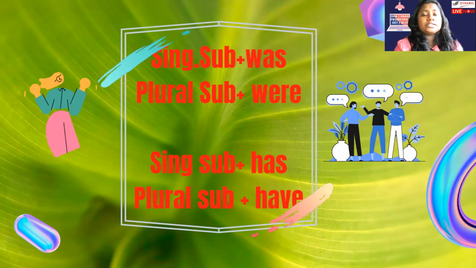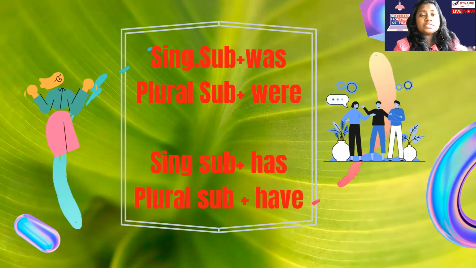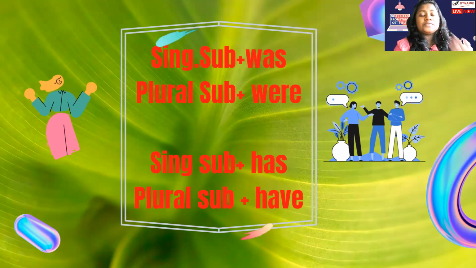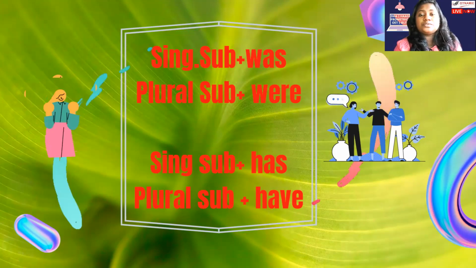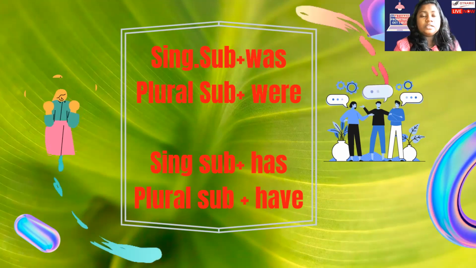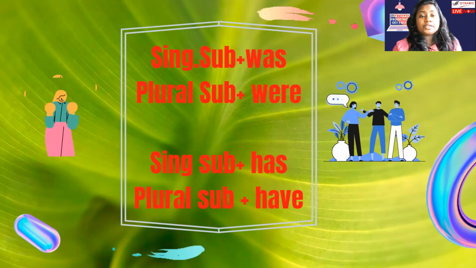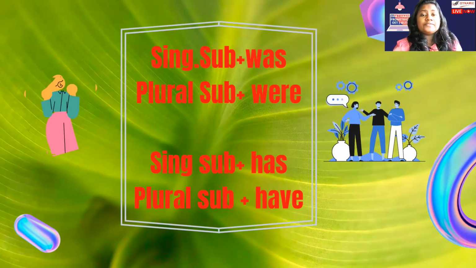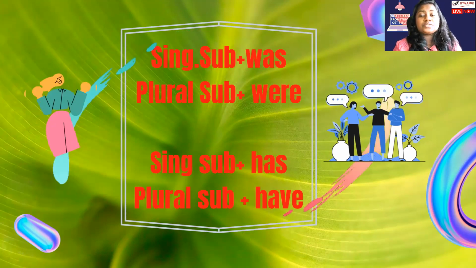Here also that rule is applicable. If it is a singular subject, we have to use was, and if it is a plural subject, we have to use were. When it comes to present perfect, we use two words, has or have. If it is a singular subject, we use has, and if it is a plural subject, we use have.